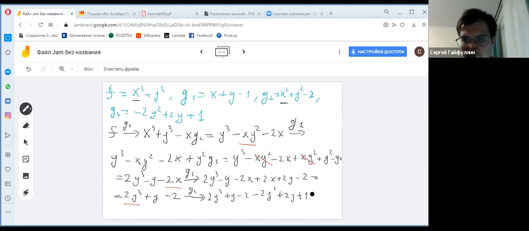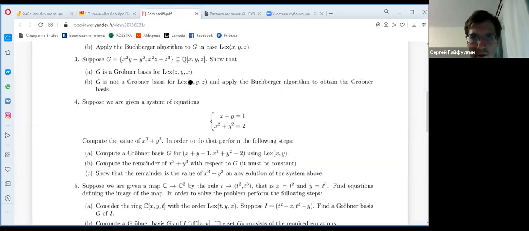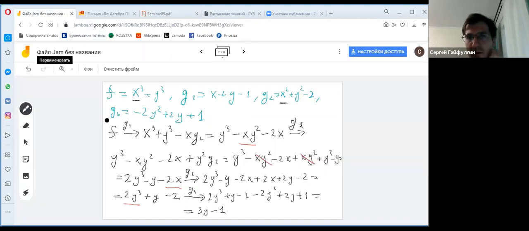And I have a problem because I have obtained 3y minus 1. And they say that this must be a constant. Let me think about it. If I have a mistake.